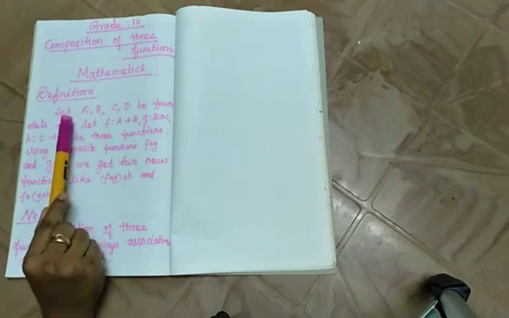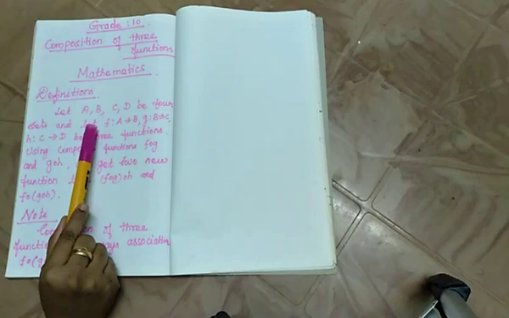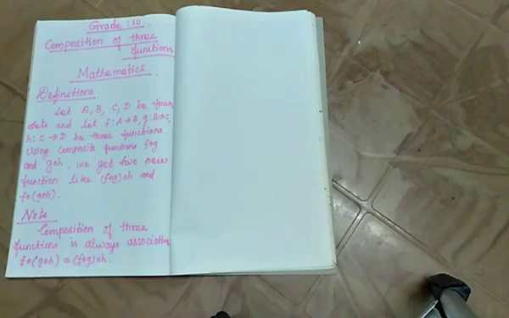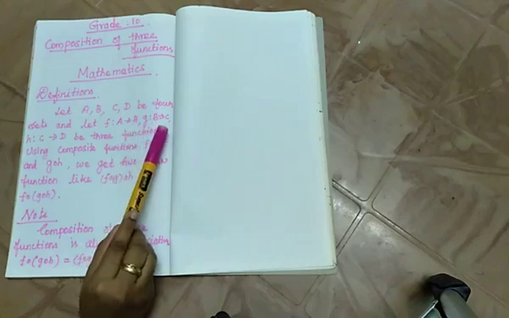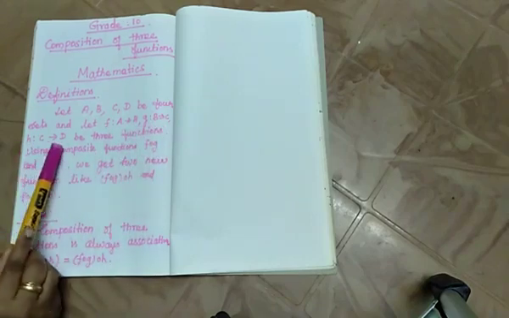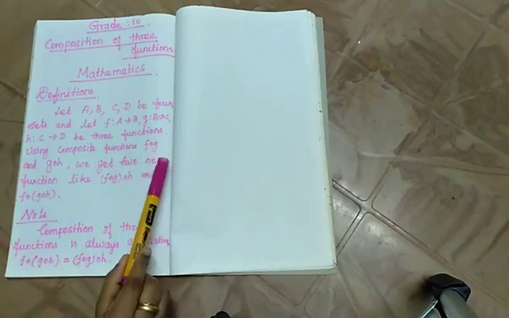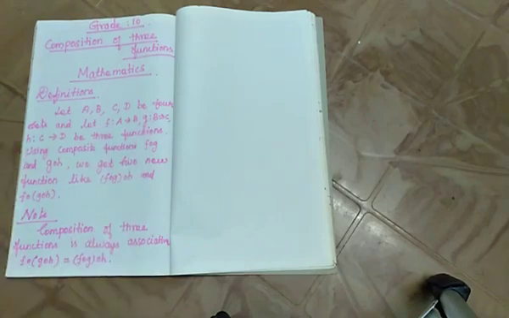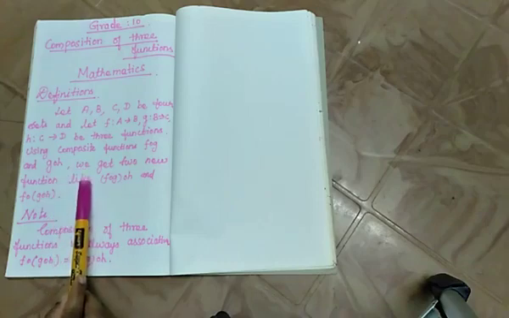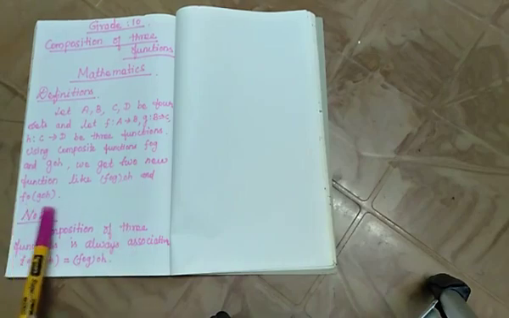So let A, B, C and D be four sets. Using four sets, we have three functions: f from A to B, g from B to C and h from C to D. Using composition, we get f of g and g of h. So we might get two functions: f of g of h and f of g of h.